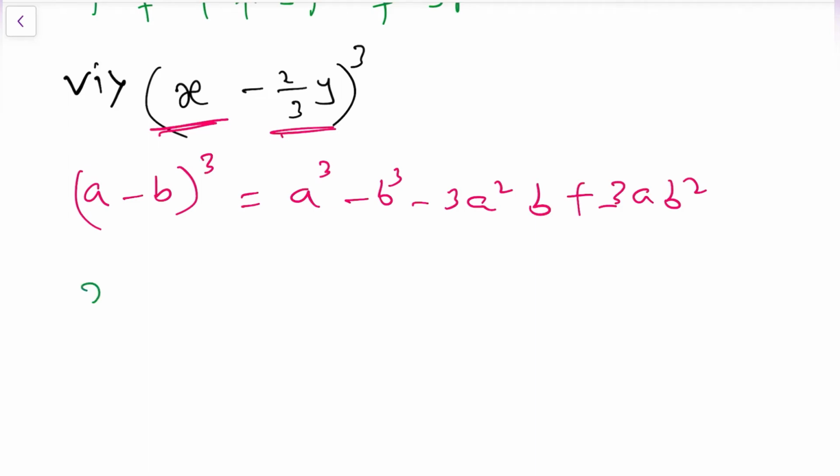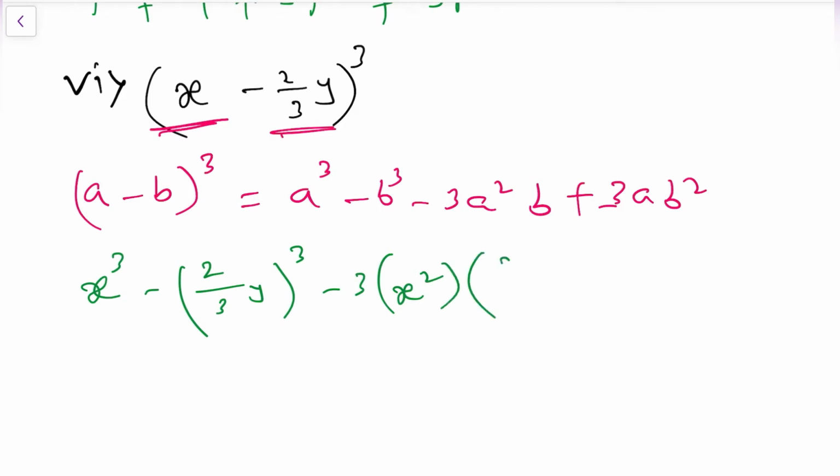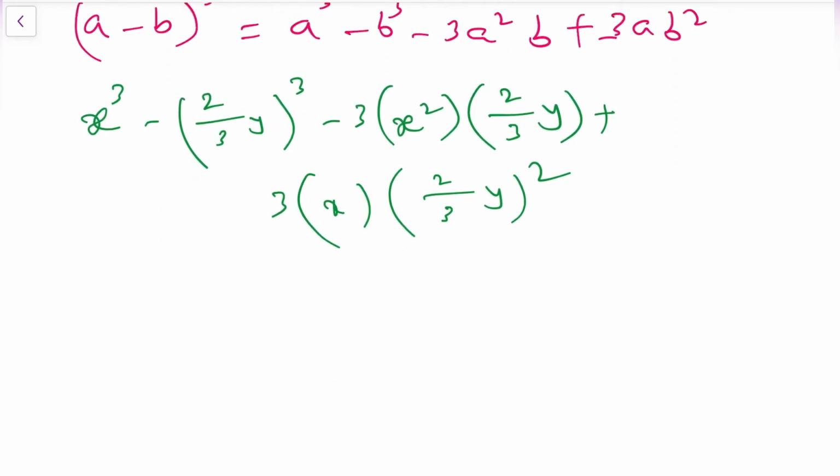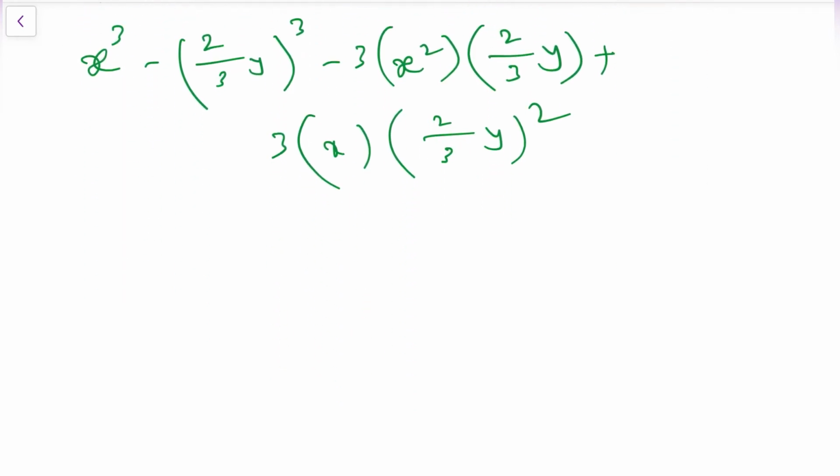So let us substitute then. A cube, that is nothing but x cube, minus b cube, 2 by 3 y whole cube, minus 3 into a square, x square, into b, 2 by 3 y, plus 3 into a, that is x, into b square, 2 by 3 y whole square. x cube as it is, minus, here this cube is for the numerator as well as denominator as well as for the alphabet.